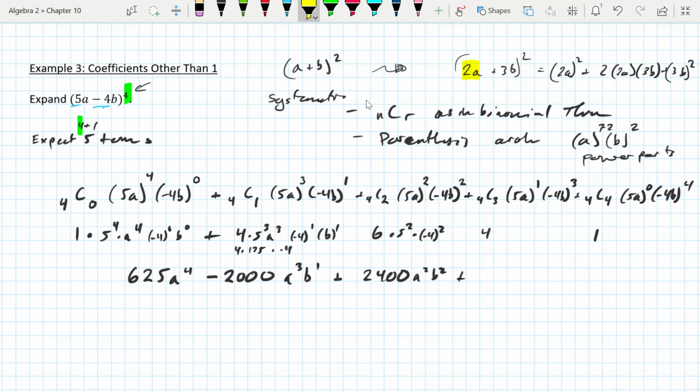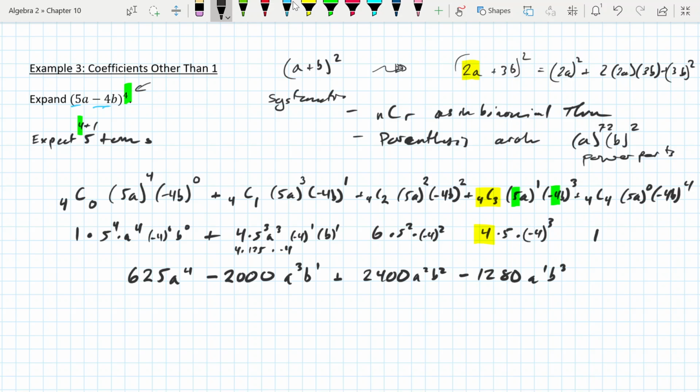Each time I'm taking the combinations and then the coefficient parts with the correct powers. 4 times 5 times negative 4 to the 3. And of course I'm going to have my a to the 1, b cubed down here. So negative 4 cubed is negative 64 times 5 times 4 is negative 1,280. A to the 1 b cubed.